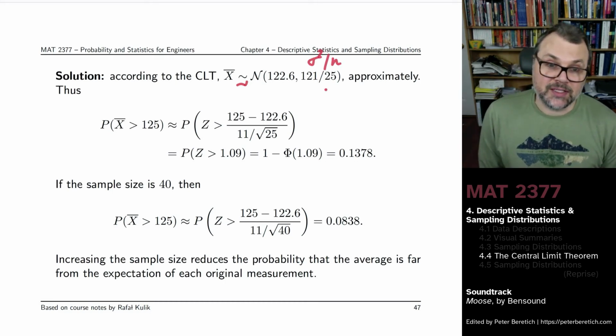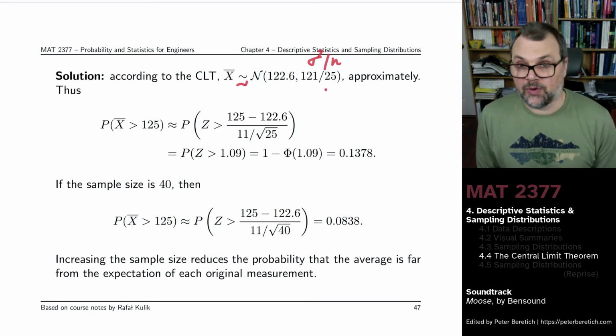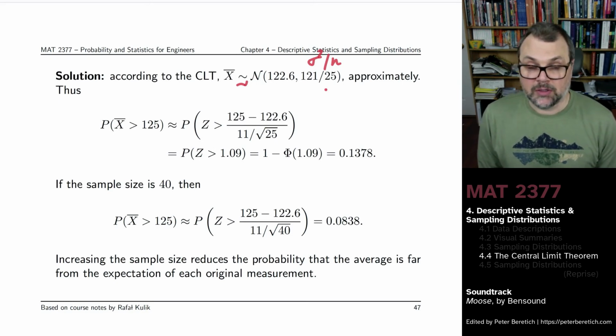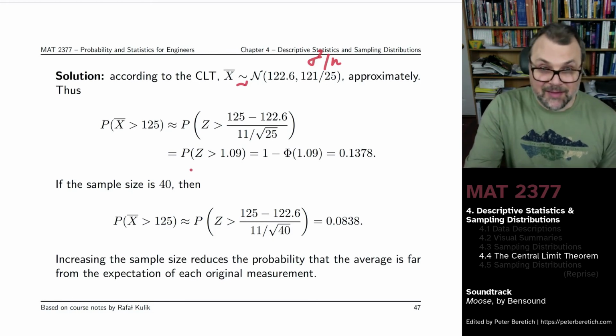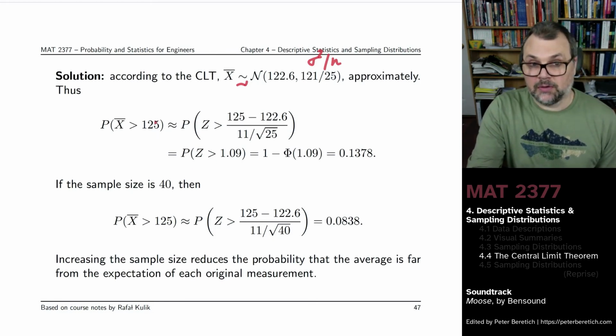So the probability that the average reading for these 25 women would be greater than 125, you would play the same game. You would standardize: x bar minus mu, divide both sides by sigma divided by square root of n.